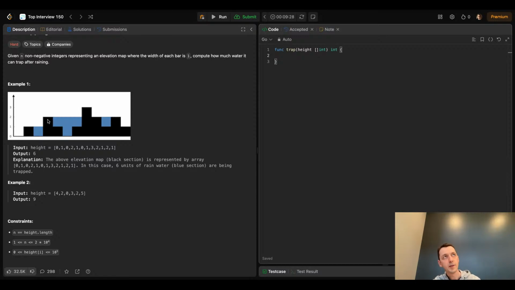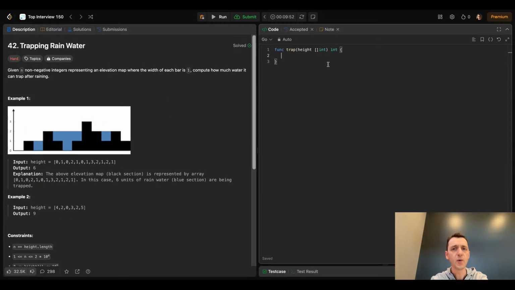The problem is if there is no higher wall or same level, if there is only a shorter wall, then we need to find the highest wall. It gets tangled in my mind. The easy way is just to find the highest wall.